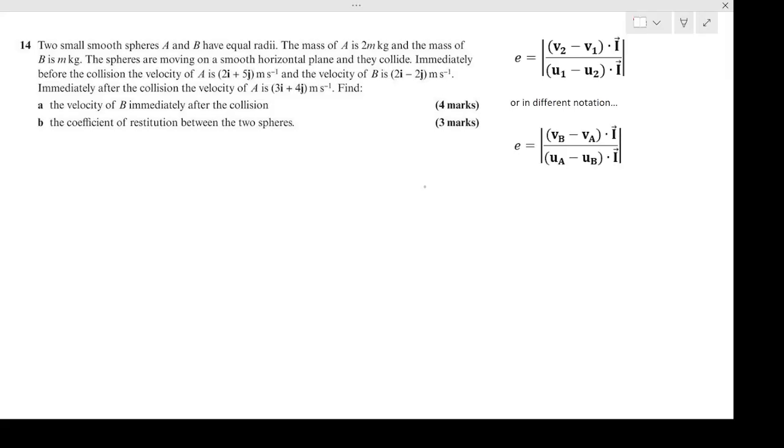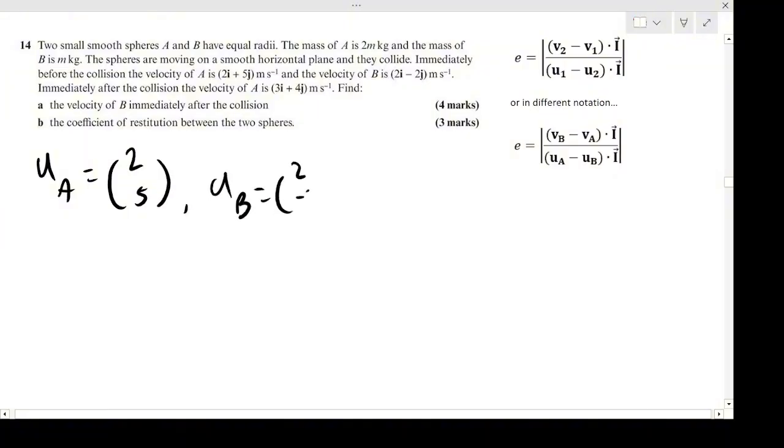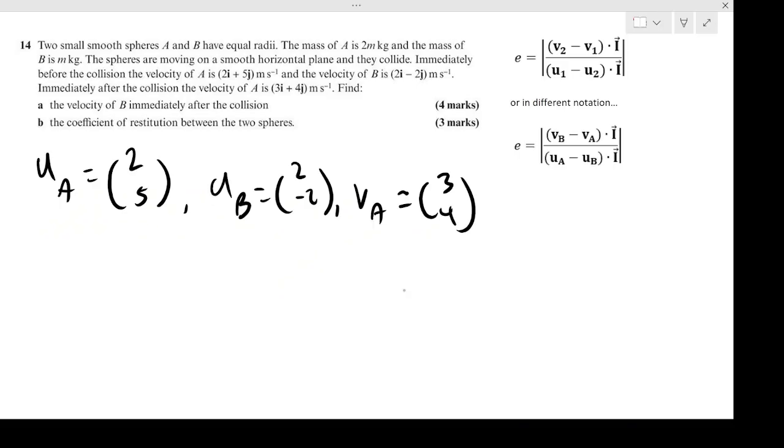The second giveaway is, if I just note my velocities, UA is 2, 5, UB is 2, minus 2, and VA is 3, 4. The other key giveaway that I'm going to have to consider both components, not just one of them, is that because I've got the initial and final velocity of A, look at how none of the components are the same.